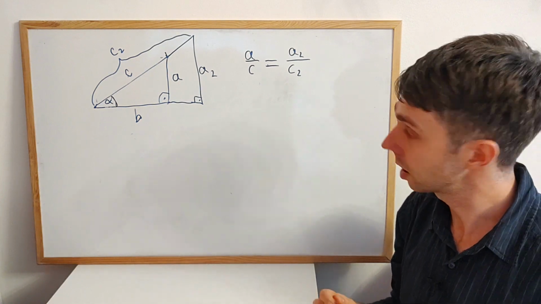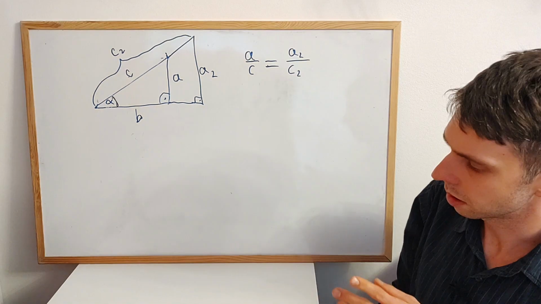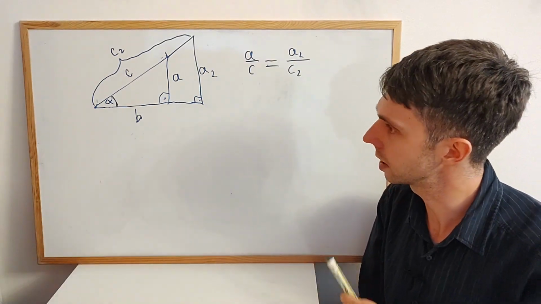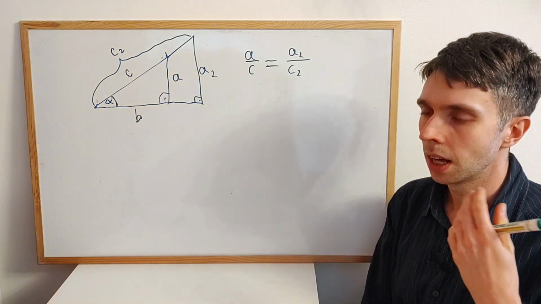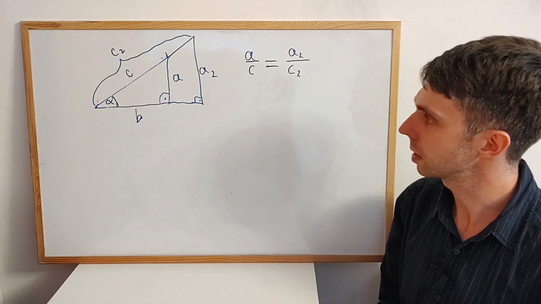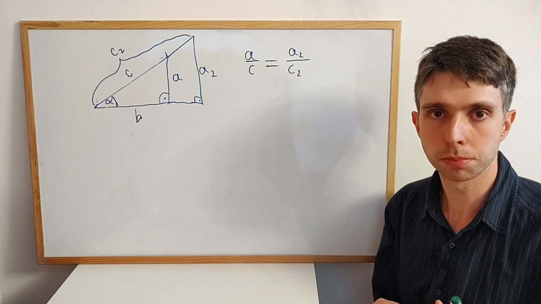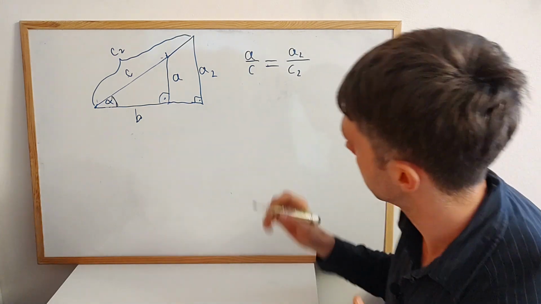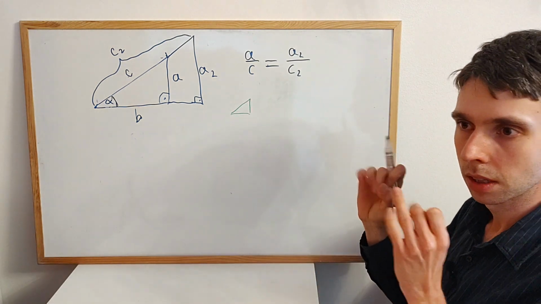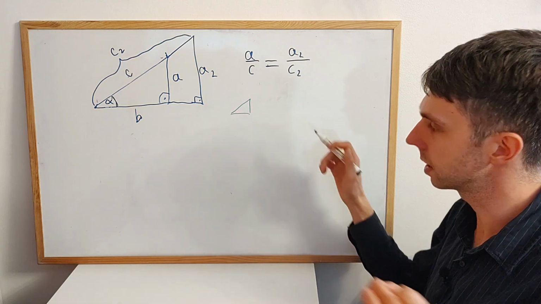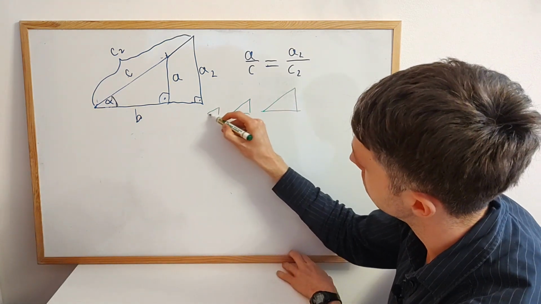Why is it so? It's pretty simple because you can easily understand it, because the smaller and bigger triangle are similar, which means they have exactly the same shape but maybe different size. So it's just like you have one picture and you scale it, you make it bigger or maybe smaller.